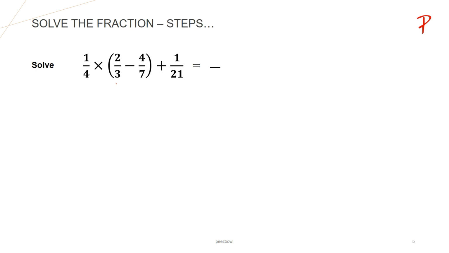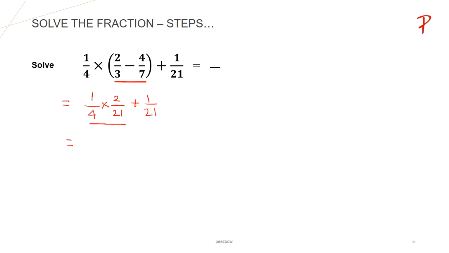Okay, so first we solved 2 upon 3 minus 4 upon 7 because it is within the bracket, right? So what we've done, we have written 1 upon 4 multiplied by the result of this subtraction, which is 2 upon 21, right? And then we had 1 upon 21, right? Then we solved 1 upon 4 multiplied by 2 upon 21 because as per the BODMAS rule, we have to perform multiplication first whenever we have multiplication and addition, right?